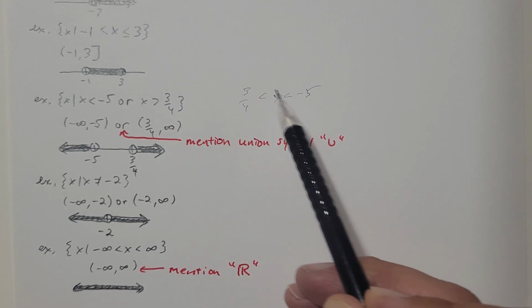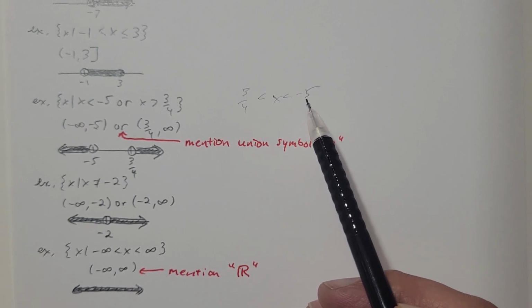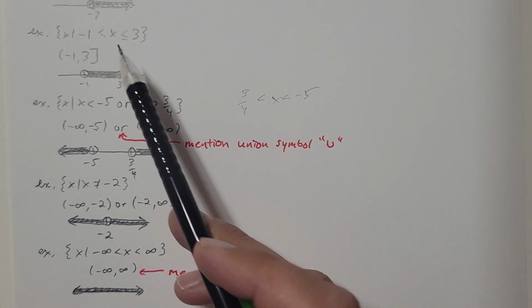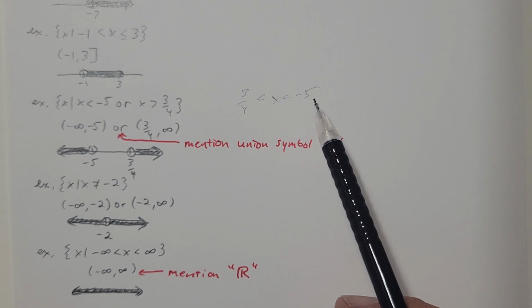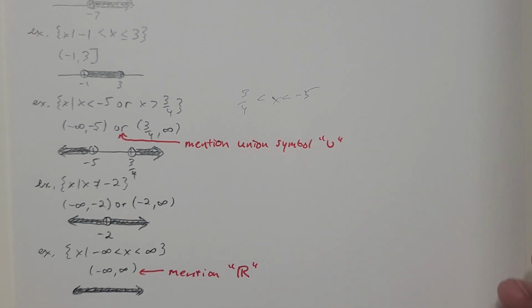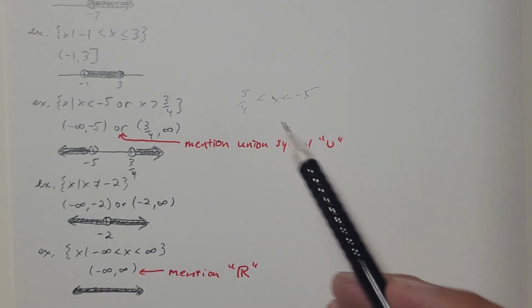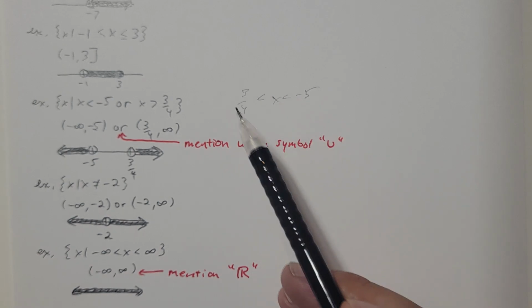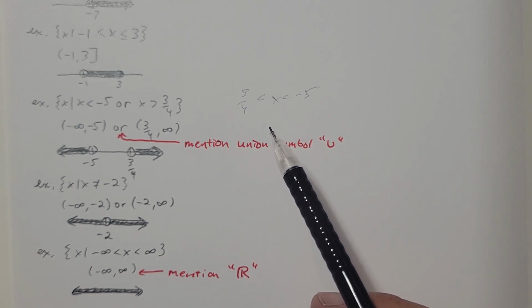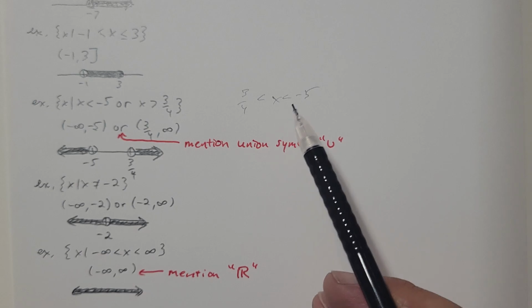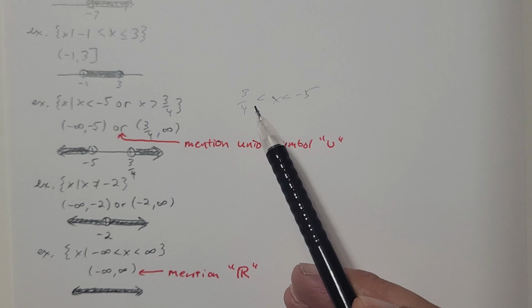So what would be the problem with writing it like this as a 3-part inequality? So I got a left part, a middle part, and a right part, or a compound inequality is sometimes what we say. If I were to write it like this, that wouldn't make any sense to anybody, because you're saying that -5 is bigger than 3/4.